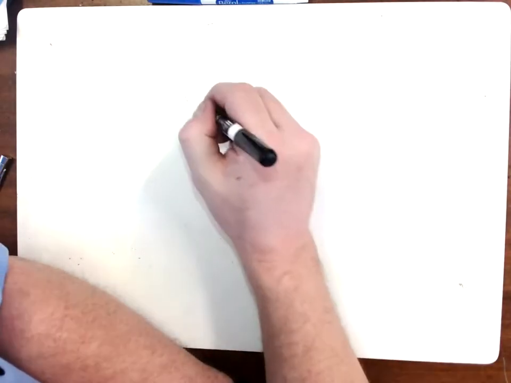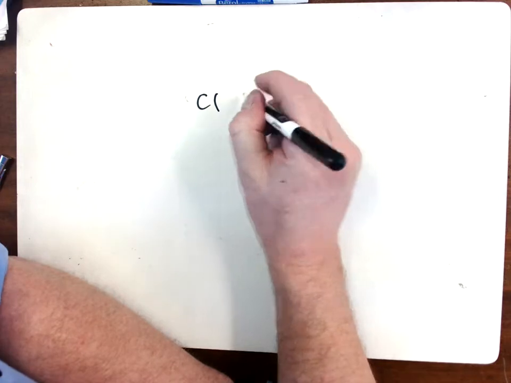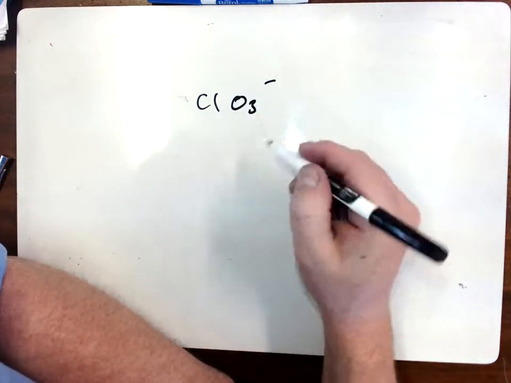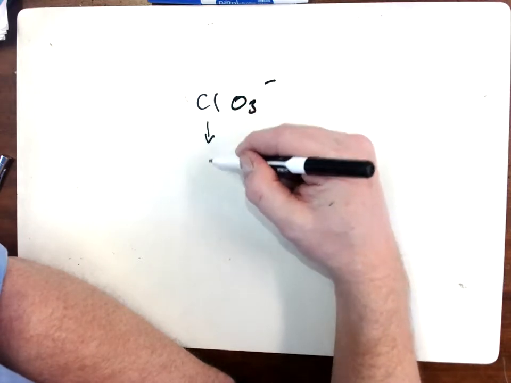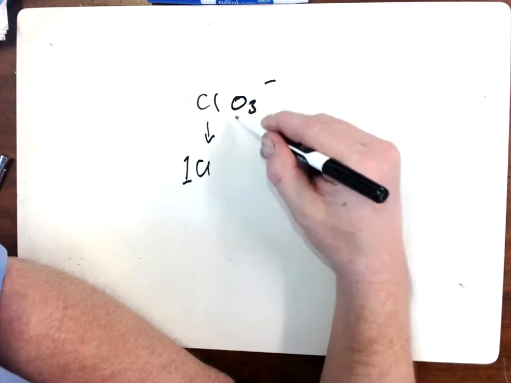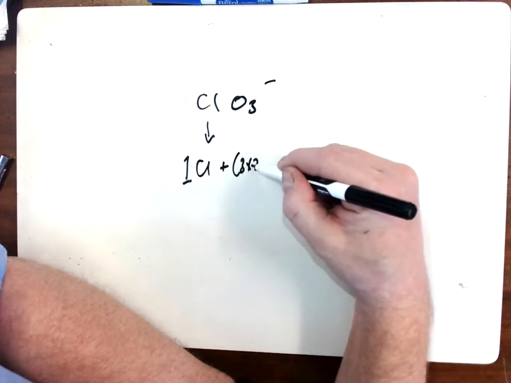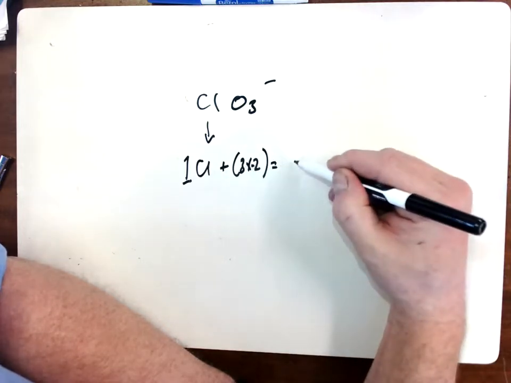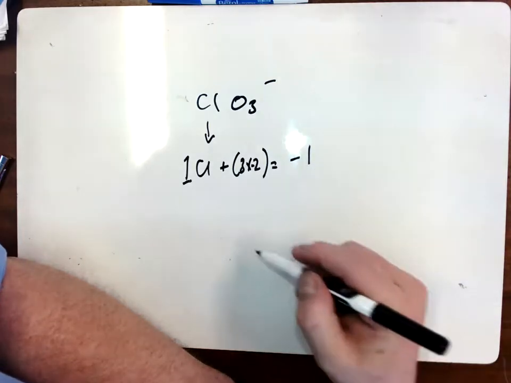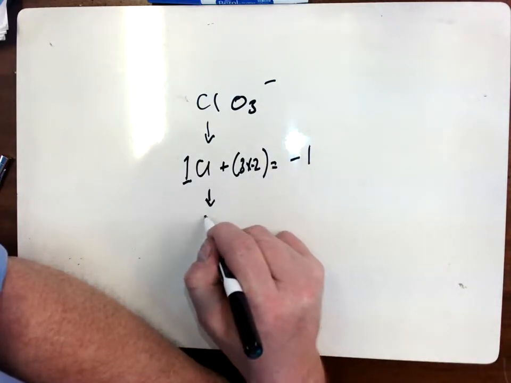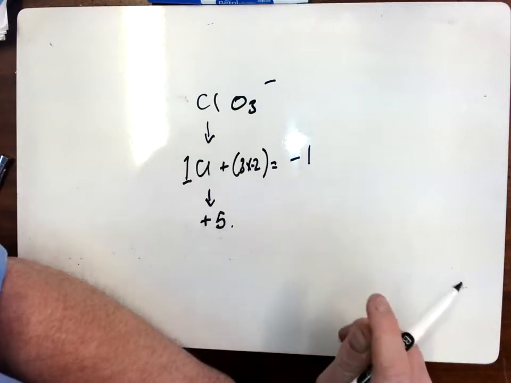If we look at chlorine, for example, and put it into this: 1 chlorine plus 3 times -2 equals -1. So chlorine must be, in this particular instance, +5.